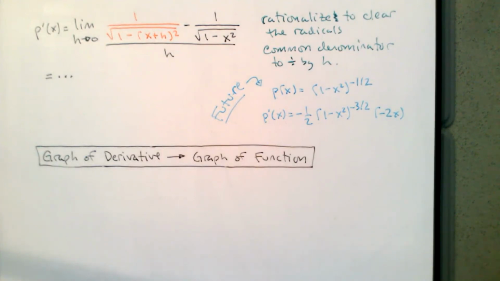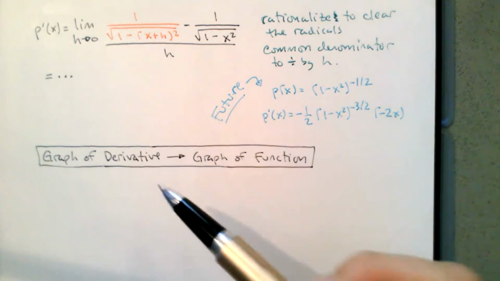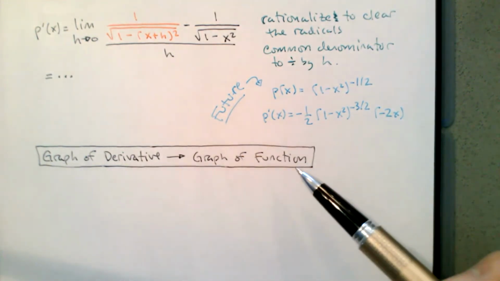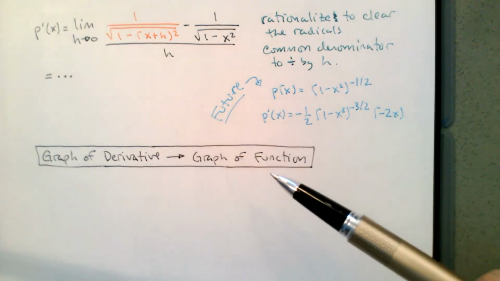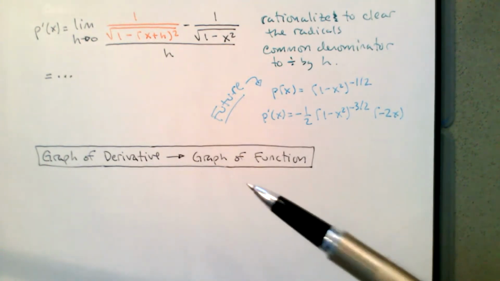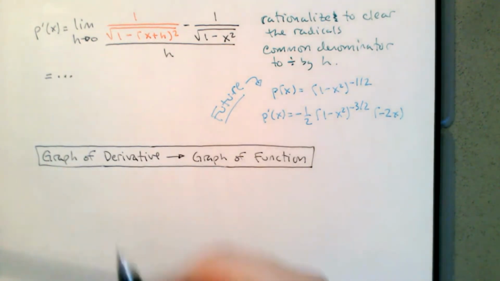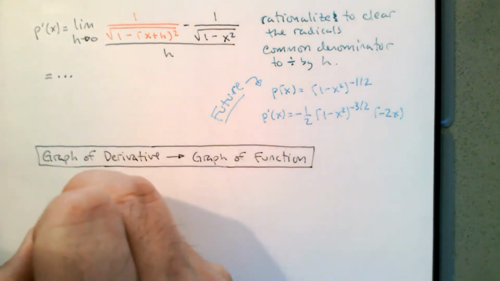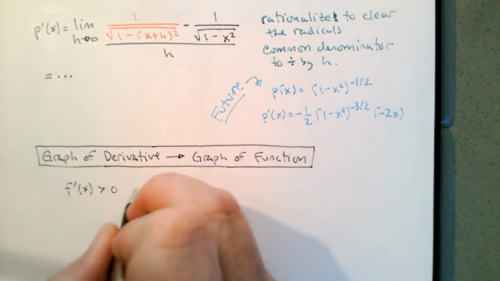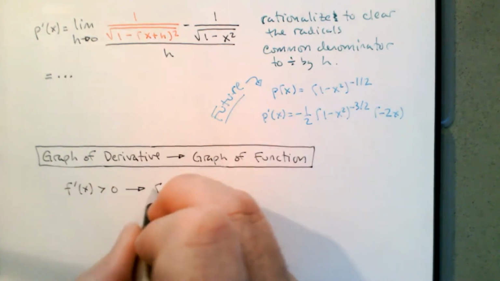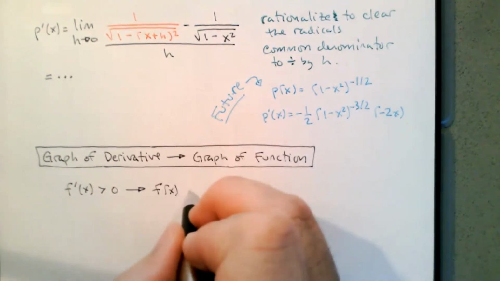The big idea is that when the derivative is positive, the function is increasing. When the derivative is negative, the function is decreasing. When the derivative is zero, the function is flat. So if the derivative is positive, then the function is increasing.